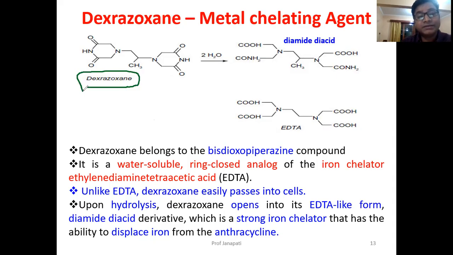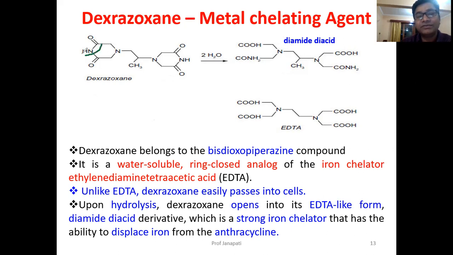It is nothing but a bis-dioxo piperazine molecule, two molecules of dioxopiperazine. When you add this into water, when it comes in contact with water or IV fluids, what happens?